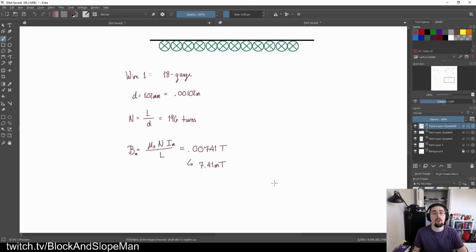So right off the bat, we know this one will work. That's the maximum magnetic field we could create, and we could go all the way up until this point before we'd start lighting things on fire. So wire 1 definitely works.